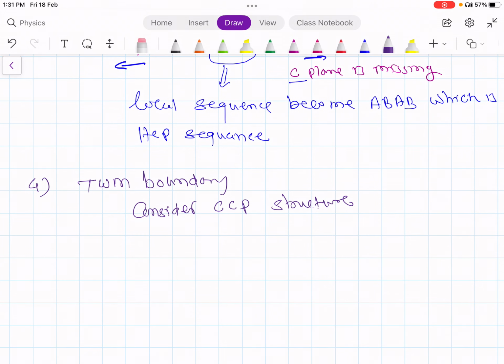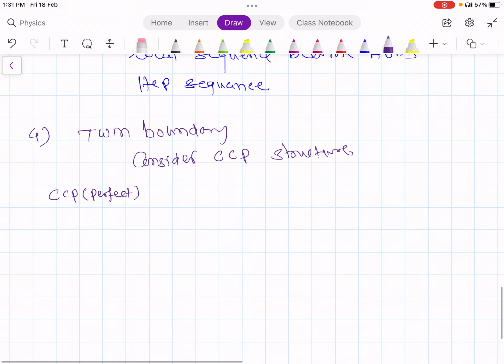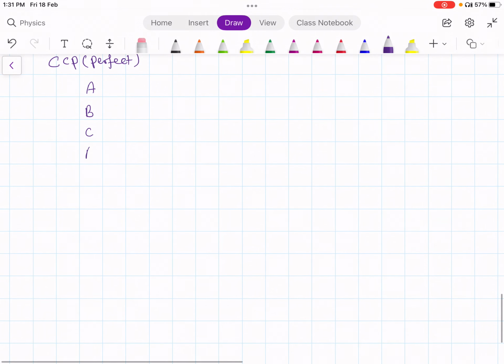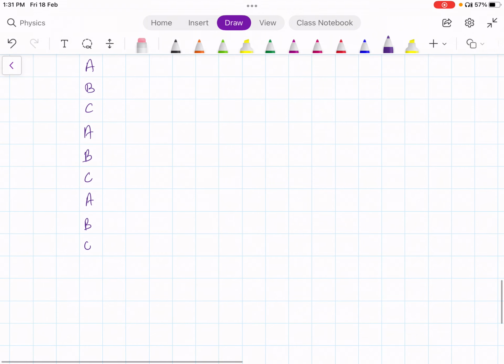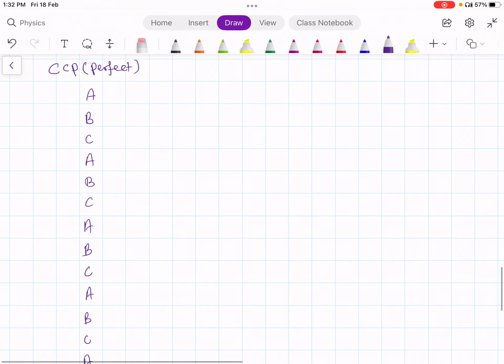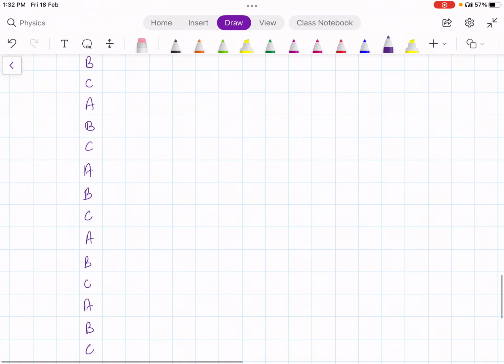So this CCP, which is the perfect crystal with no defect in it, you get the sequence A, B, C, A, B, C, A, B, C, A, B, C, A, B, C. How many sequences are there? 1, 2, 3, 4, 5.